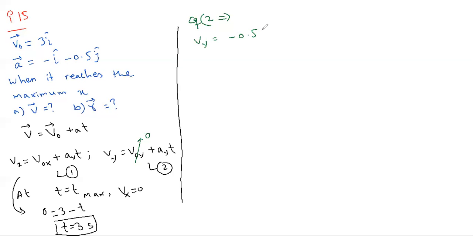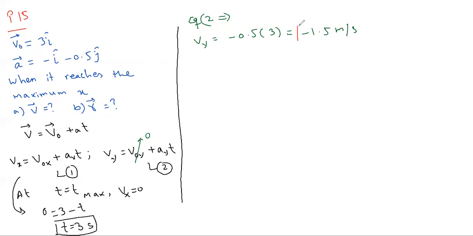So this will give us minus 1.5 meter per second. This is the velocity of our object.